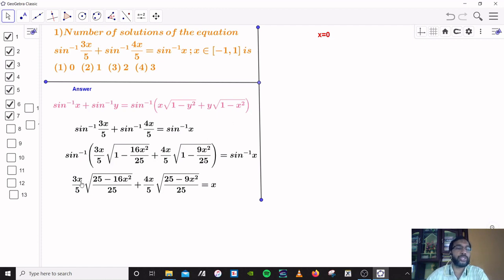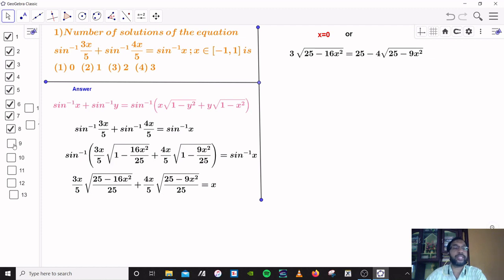When x is not equal to 0, we can cancel x on both sides, and simplifying we get 3 into root of 25 minus 16x square is equal to 25 minus 4 into root of 25 minus 9x square. Squaring on both sides and expanding.